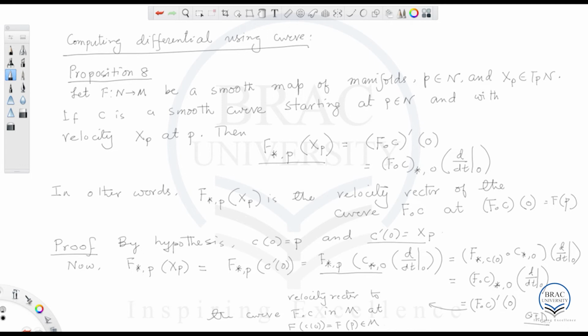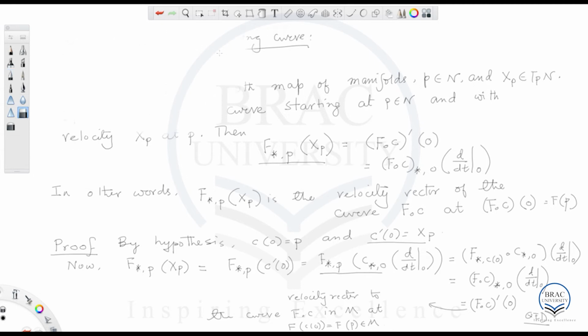Good. Now, an example using this proposition 8 and a couple of the previous propositions.